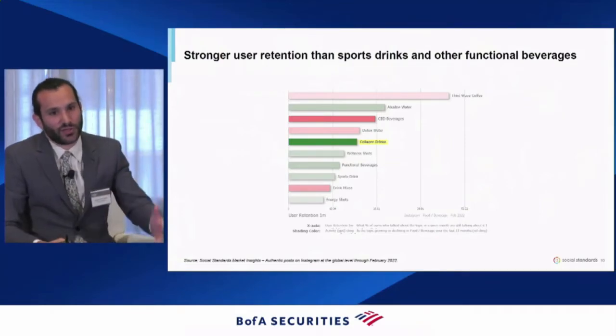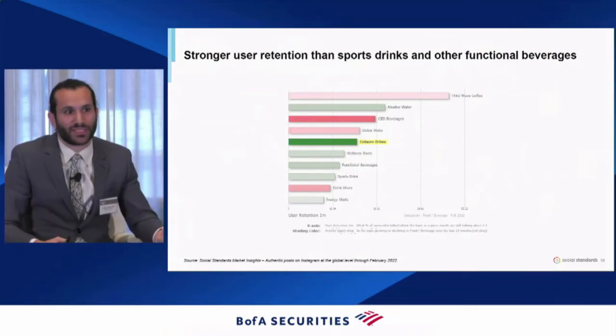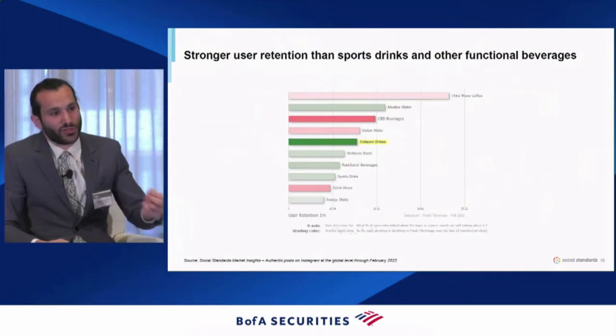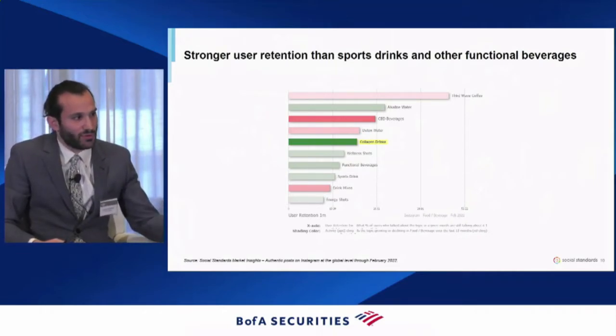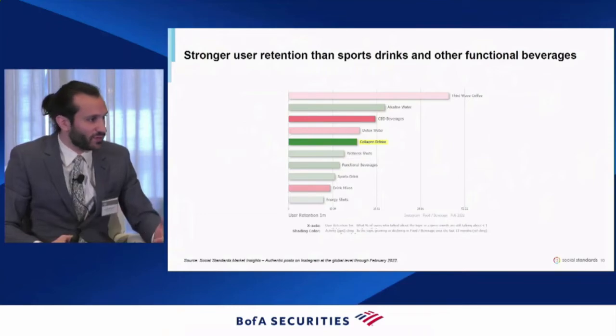We also looked at the level of user retention. It's a chart that helps us understand the loyalty around particular products and topics. It measures, did the people who spoke about that product category last quarter speak about it again this quarter? And we see where collagen drinks ranks. It ranks above different functional beverages. It ranks above sports drinks.